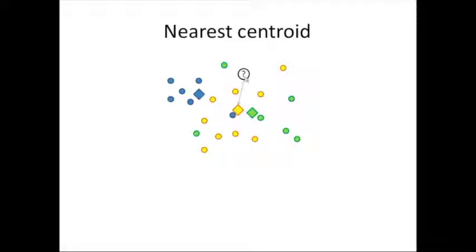And then, when we have a sample, we simply find the nearest centroid, again, nearest from the point of view of a selected distance function, which is not always a Euclidean distance function. And we attribute the sample to the class represented by the nearest centroid. So again, yellow in this case.